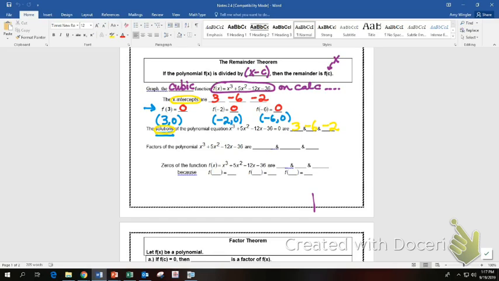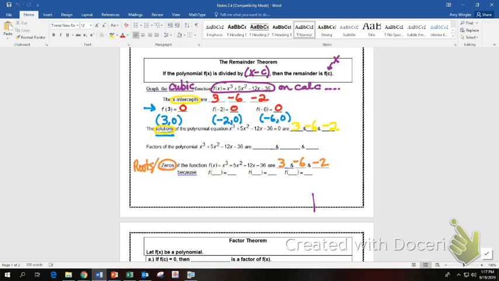X-intercepts and solutions are also called zeros. So if the x-intercepts and solutions are at 3, -6, and -2, then the zeros are at 3, -6, and -2. Remember, x-intercepts, solutions, zeros, and roots all mean the same thing.